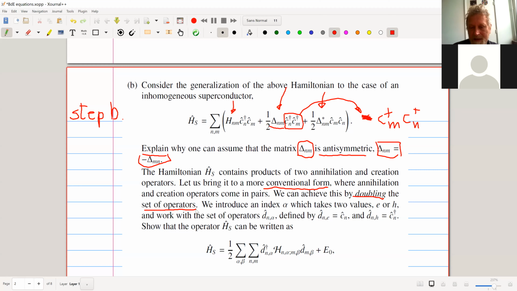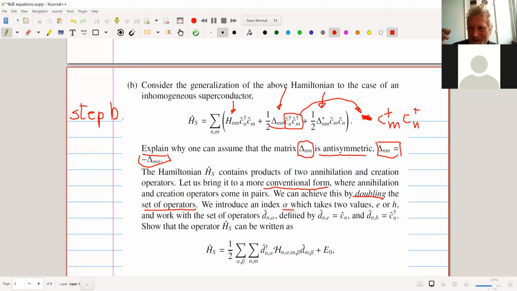So we introduce double sets of operators, ascribing to an operator an index alpha, which can take two values, E and H. E stands for electrons and H for holes.